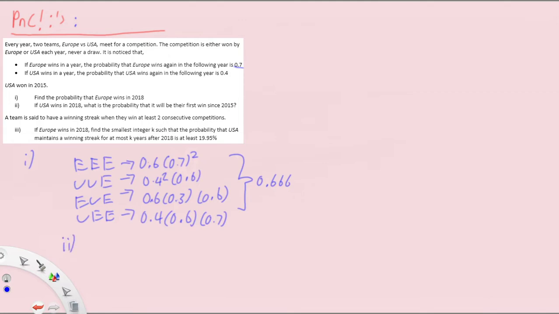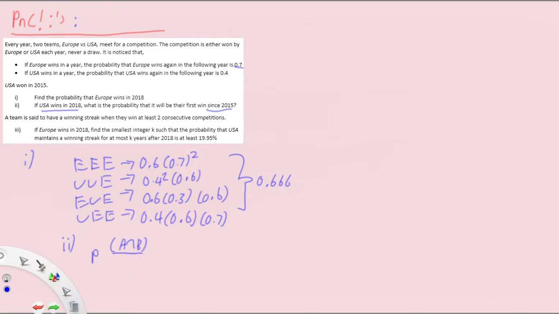If USA wins in 2018, what's the probability that it will be their first win since 2015? Because we're looking at since 2015, and we know that USA wins in 2018, that is the given event. So we are looking at conditional probability here because we assume that USA won in 2018. If you remember the formula, we are looking at P(A intersect B) over P(B).